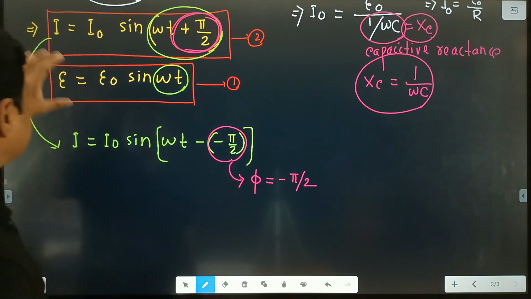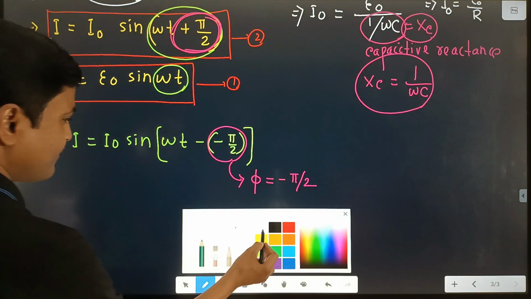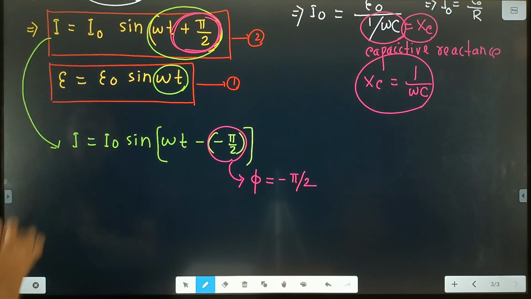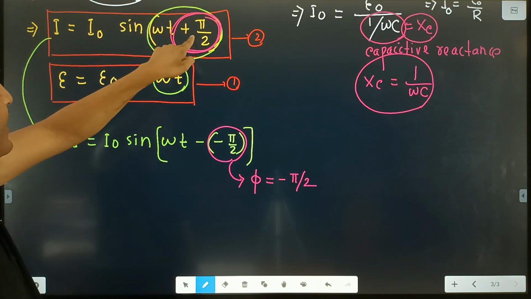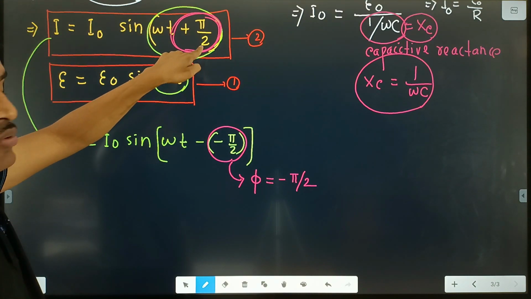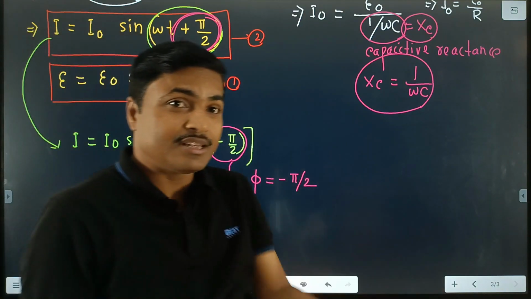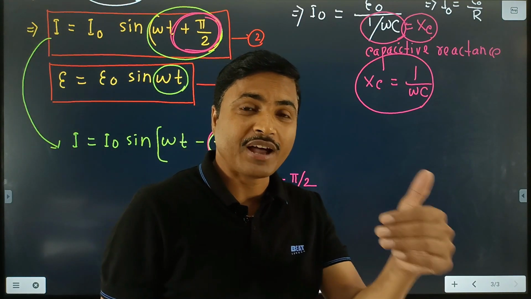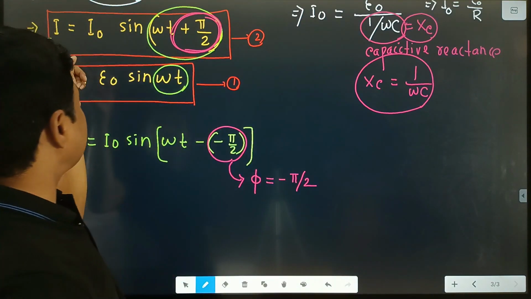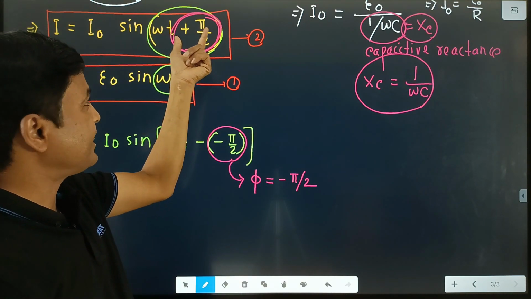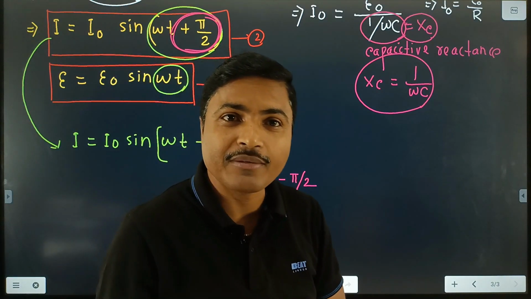That means if we compare these two equations, finally current leads by an angle of pi by 2 radian because plus pi by 2 is there. So current leads, or is ahead by, an angle of pi by 2 radian.